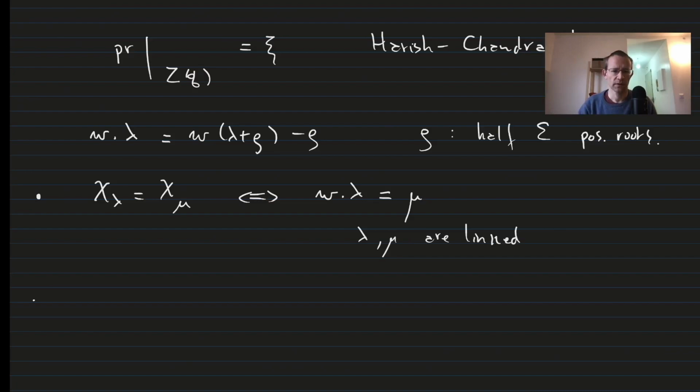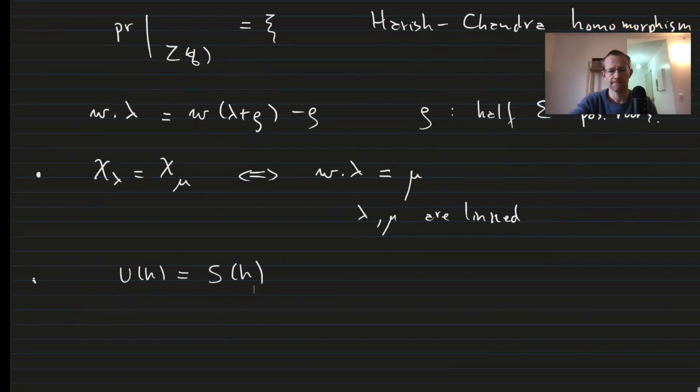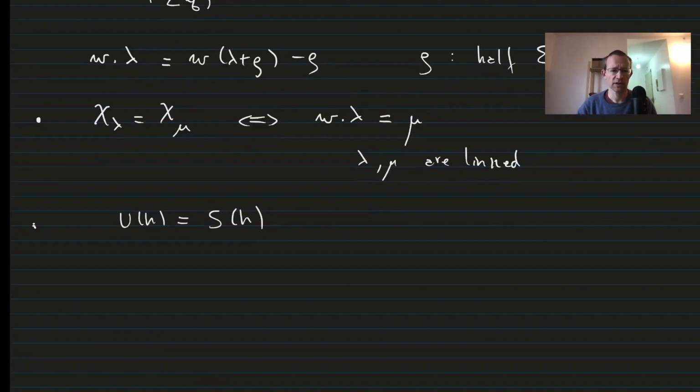Now we can identify U of H basically with the polynomials in H. And because of the dotted Weyl action, it's interesting to define an action on the polynomials, P of lambda, which sends them to P of lambda minus rho.